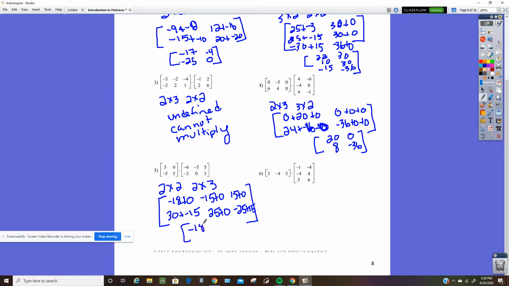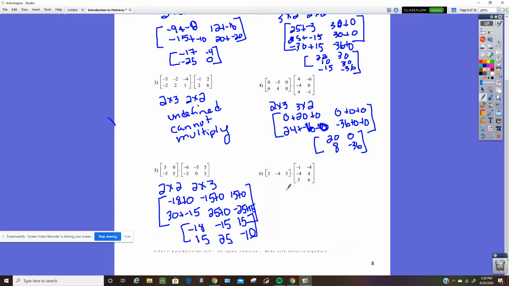Negative 18, negative 15, and positive 15. Let me undo that. A little closer. And the second row is going to be 15, 25, and -10.